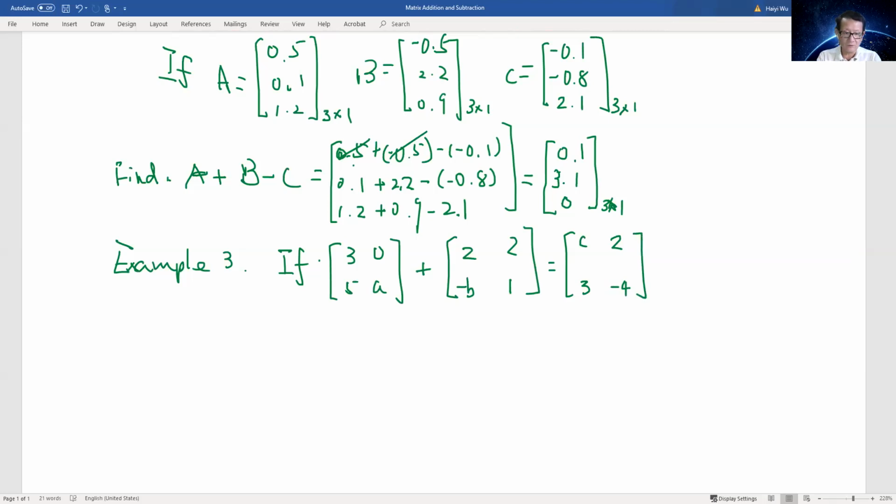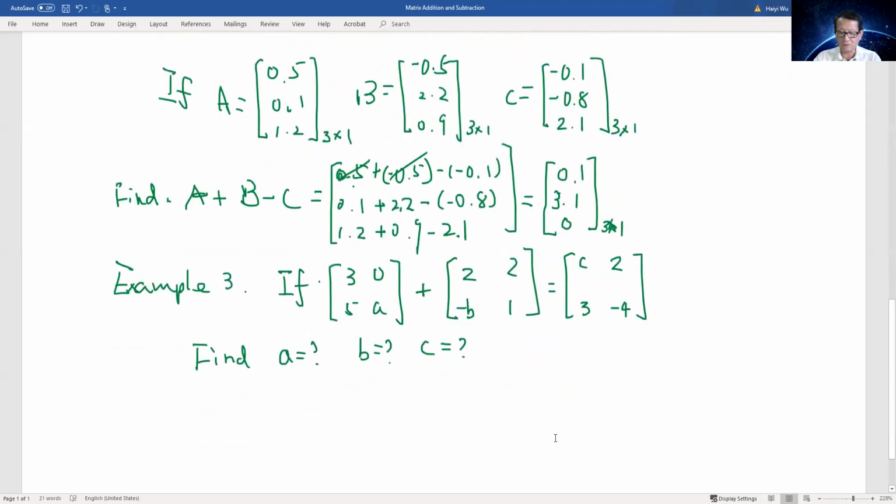So we need to find out what A is. We don't know what A is, and we don't know what B is, so we need to find B. Then we need to find out what C is. So we need to determine those 3 variables.